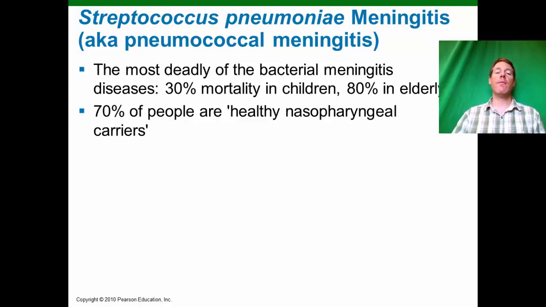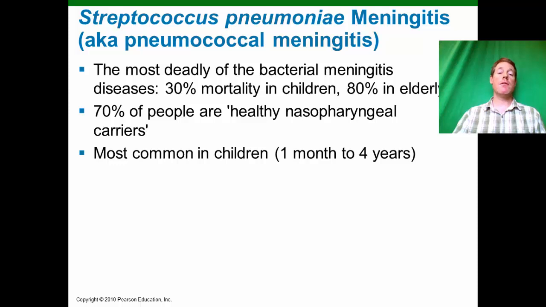This means that you don't have meningitis, but you do have this bacterium in your nasal and pharynx passages. The problem comes when this bacterium makes its way somehow into the cerebrospinal fluid, which under normal circumstances does not happen. But when it does, it can cause a serious disease. This disease is most common in children from about 1 month to 4 years of age, and it can be prevented by vaccination.